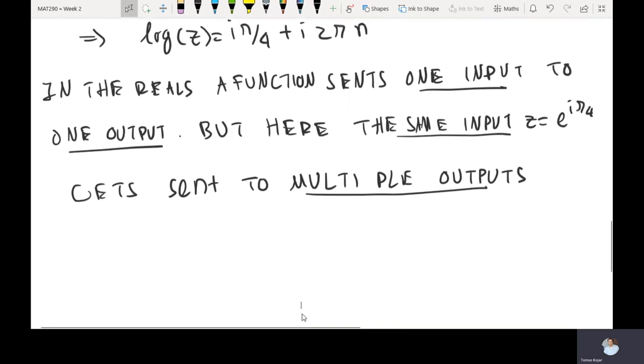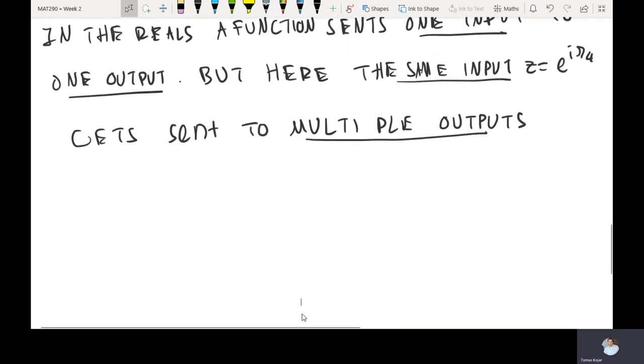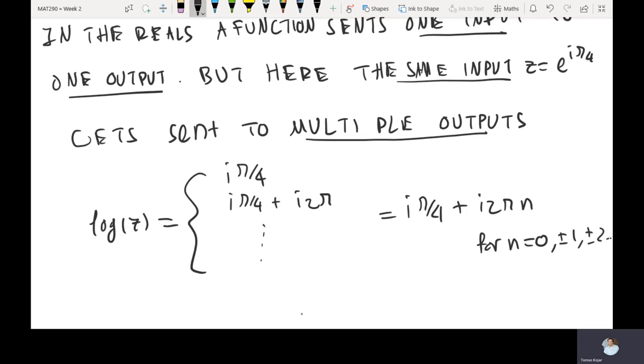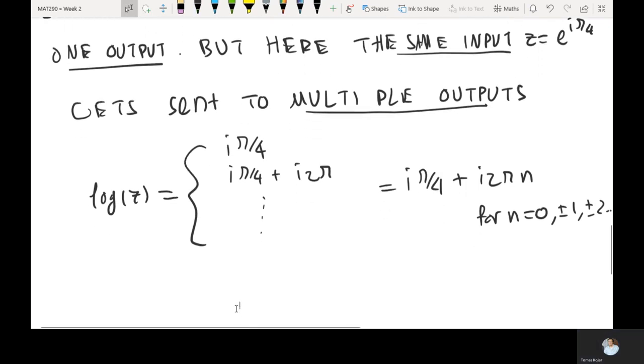Okay, so we have the following situation. Log of z is equal to all of them. So i pi over 4, i pi over 4 plus i 2 pi, and so on, where n can be 0, but also plus minus 1, plus minus 2, and so on.